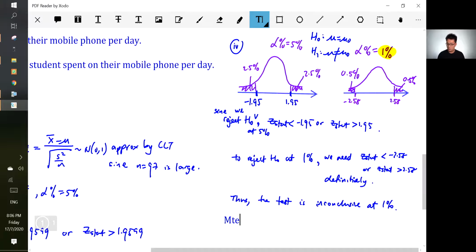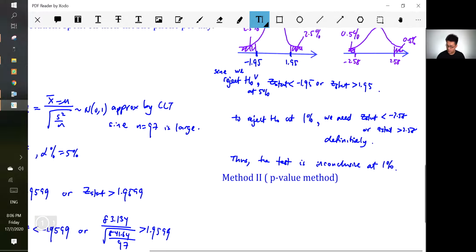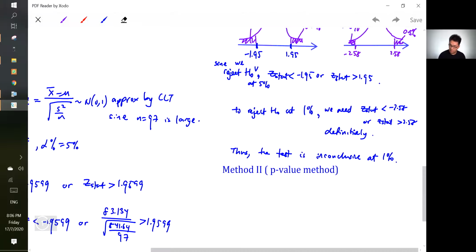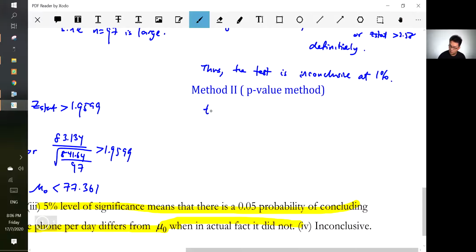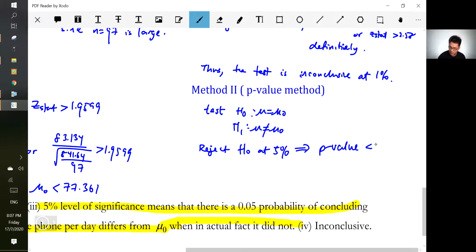So method 2, the p-value method. What you write is: you test H naught mu equals mu naught, H1 mu not equal to mu naught. You reject H naught at 5%, which will mean that the p-value is less than 5%.